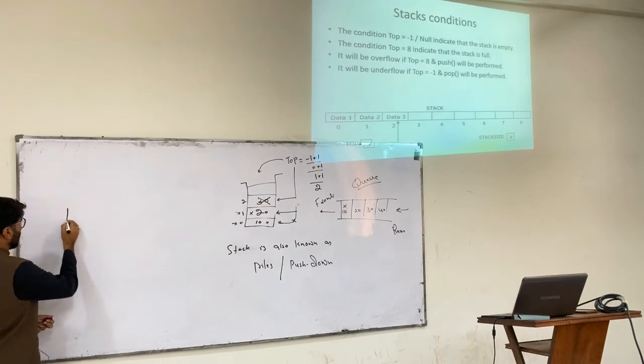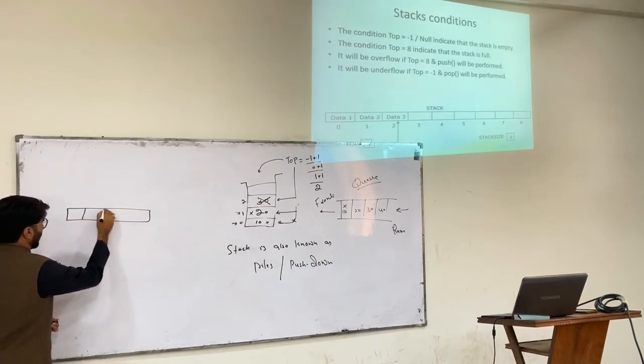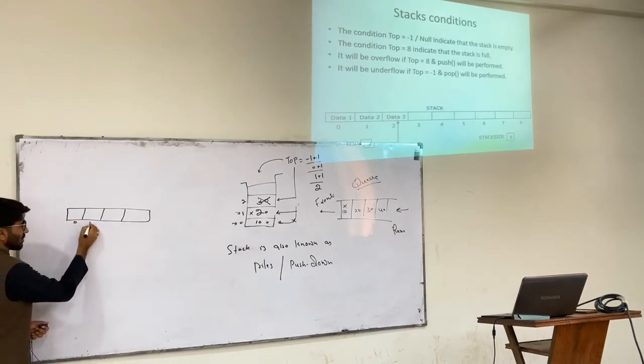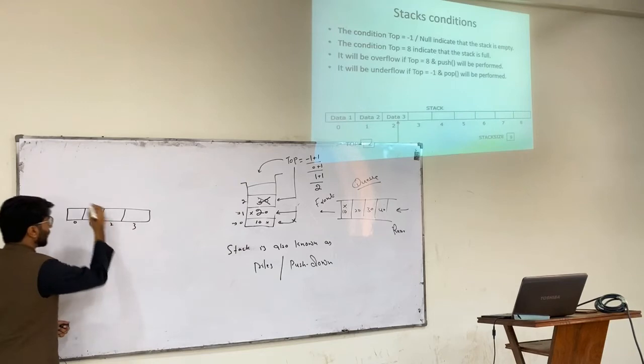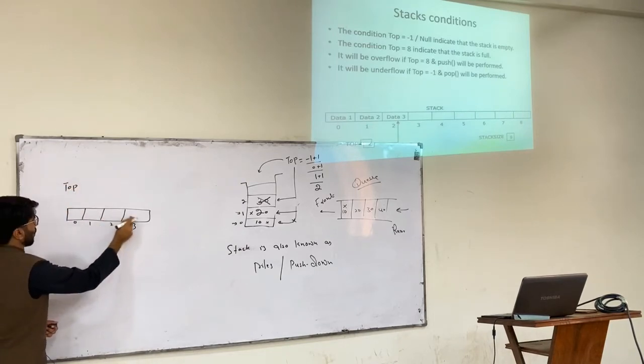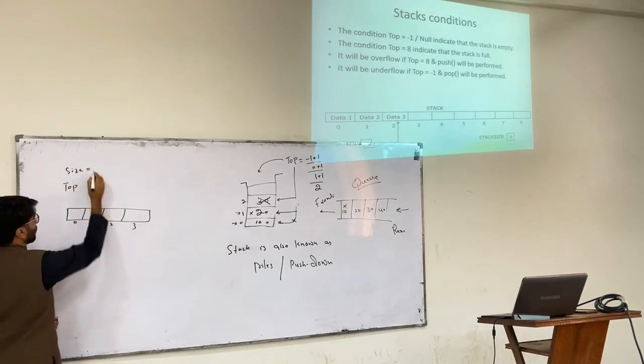This is our array. We can insert a number of values in our array. This is index 0, this is 1, 2, and 3. So this is my top variable. I can say that size is 1, 2, 3, 4.